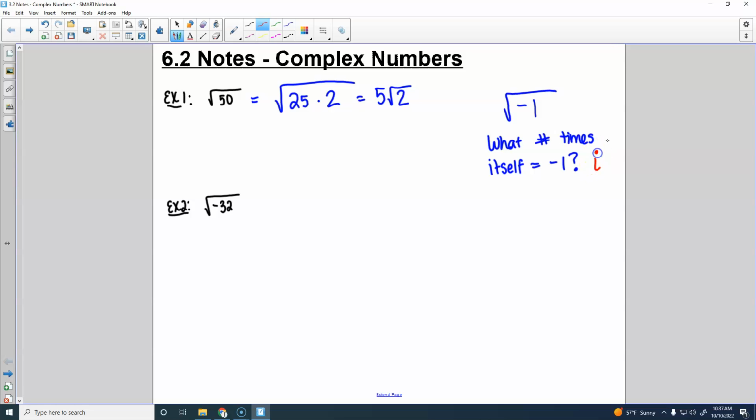They were going to say, we're going to just call it i. Right? So, i equals the square root of negative 1. So, by calling this i, it gives us a way of dealing with negatives under the square root.